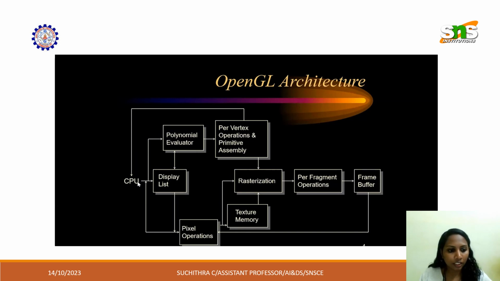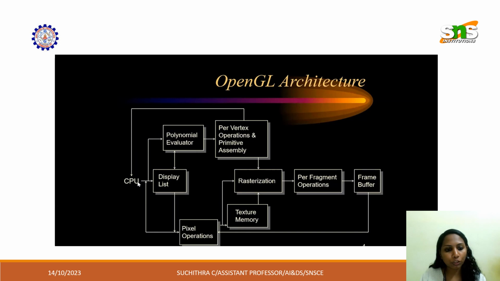The third stage is rasterization. This stage produces fragments, which are a series of frame buffer addresses and values, from the viewport-mapped primitives as well as bitmaps and pixel rectangles. Then the fourth stage is the per-fragment operation.